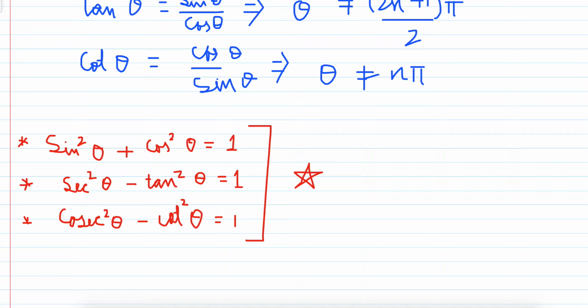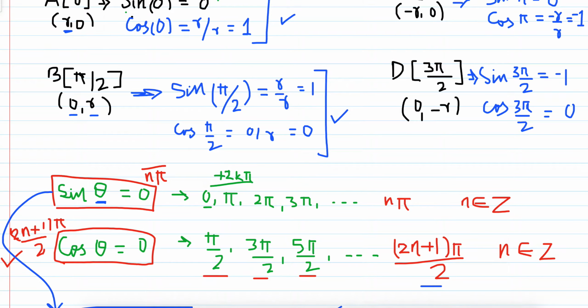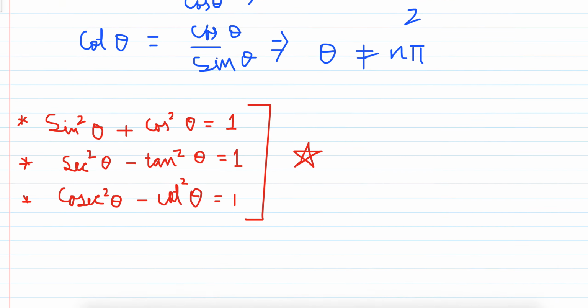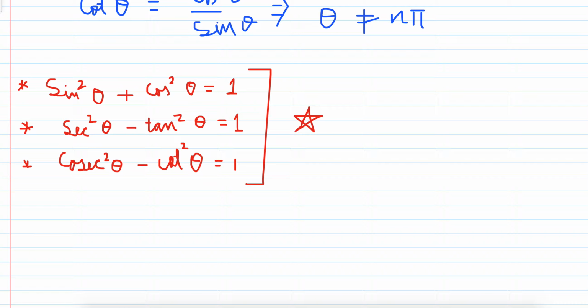We can prove the other two also by just substituting the values in terms of a, b, and r, and we will get the result. So these three we should remember: sine square theta plus cos square theta is equal to 1, sec square theta minus tan square theta is equal to 1, and cosec square theta minus cot square theta is equal to 1.